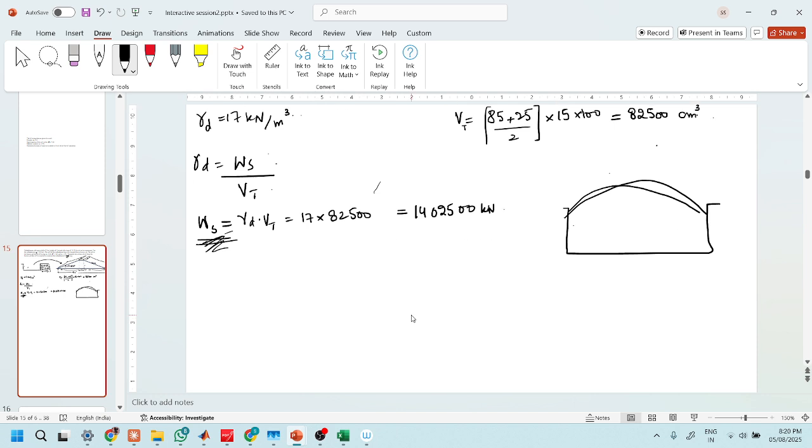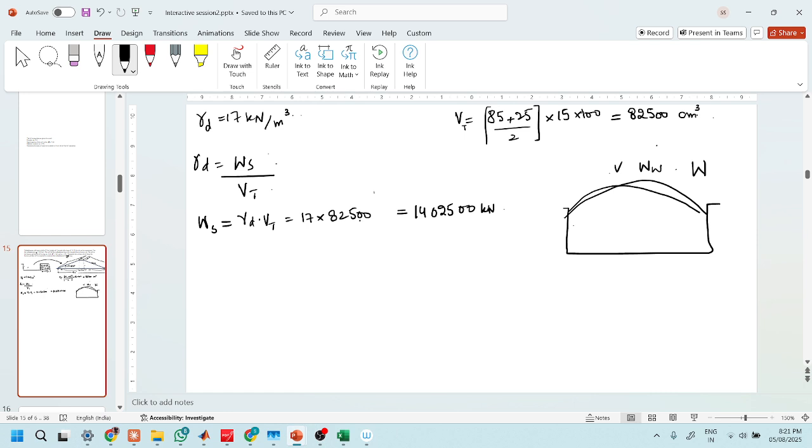Here we have to take into consideration that there is some water content, so the total weight that we need will be greater than the weight of solids, because some of the weight will be from the water.